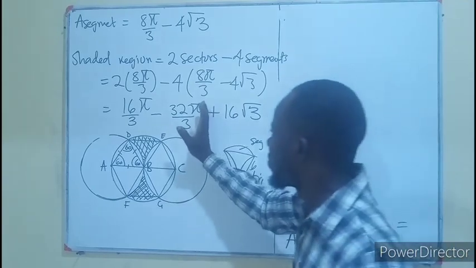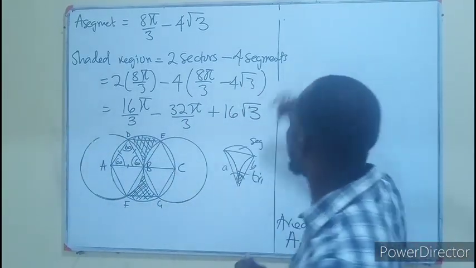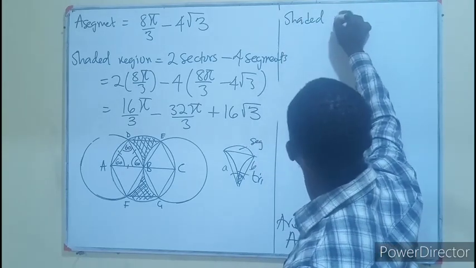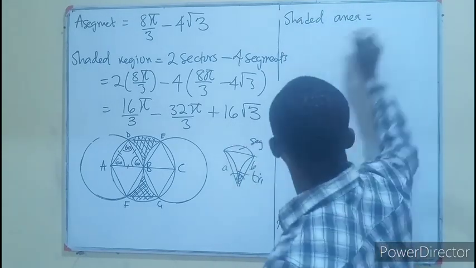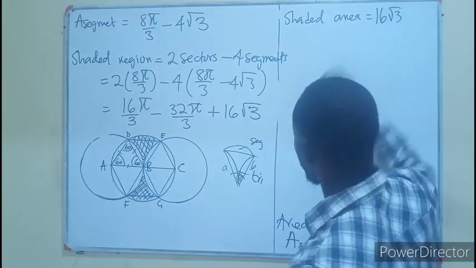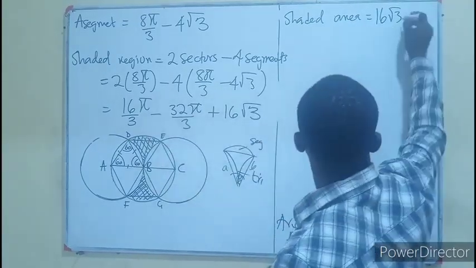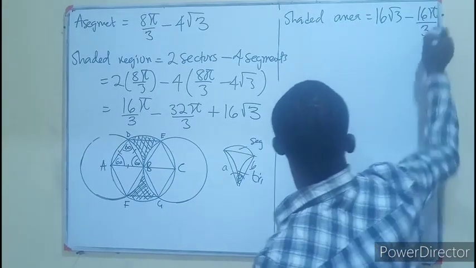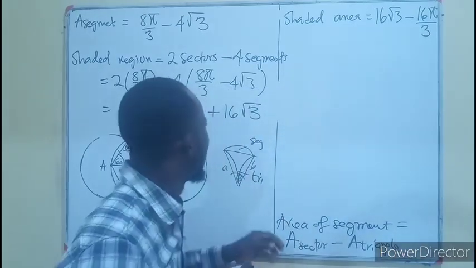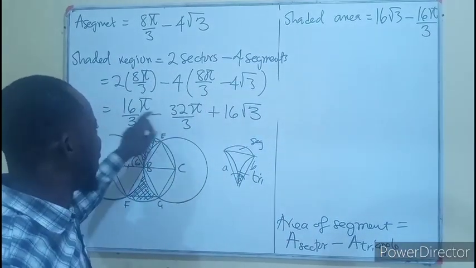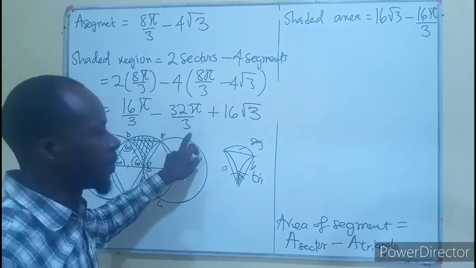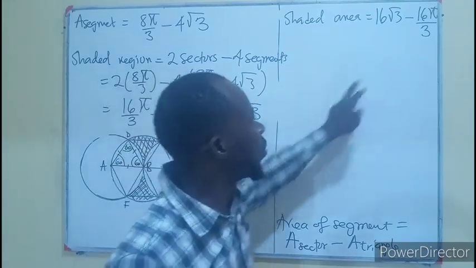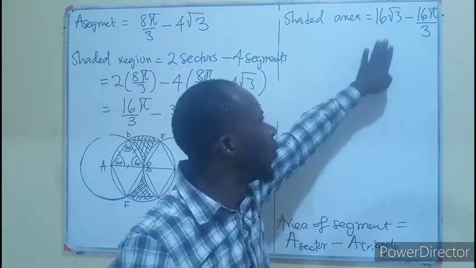So since this portion will be negative, I'll write this first as 16 root 3, which is this one, then minus 16 pi divided by what? 3. Do you get that? It could have been negative 16 pi over 3 plus 16 root 3, which is the same thing. Just want to bring the positive before the negative. So this will be your answer.